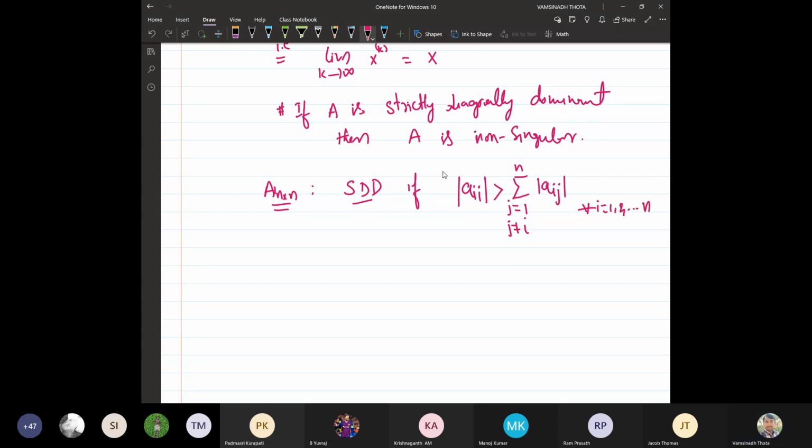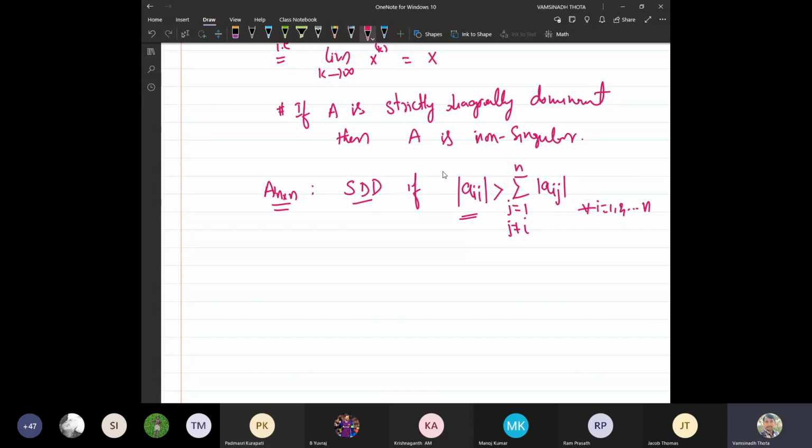What is on this side? This is nothing but the absolute value of the diagonal element. And on the other side, it is the sum of the absolute values of the non-diagonal elements of that row.